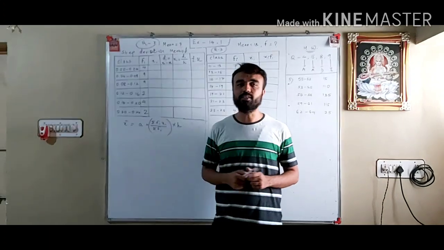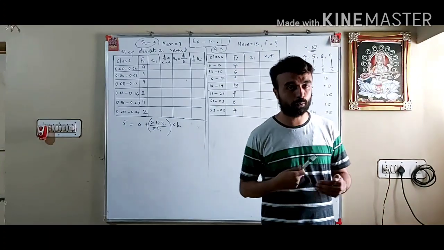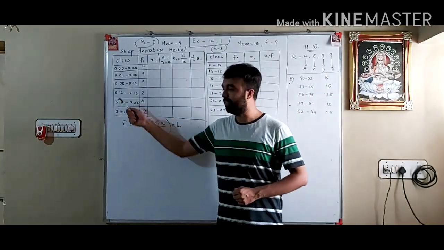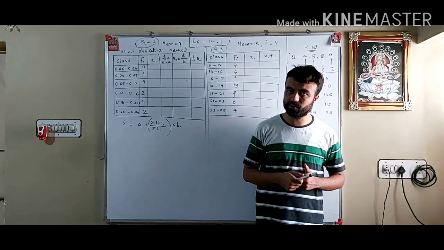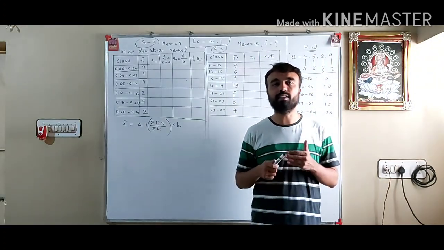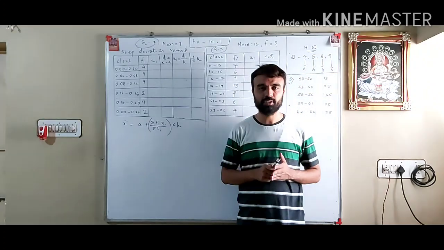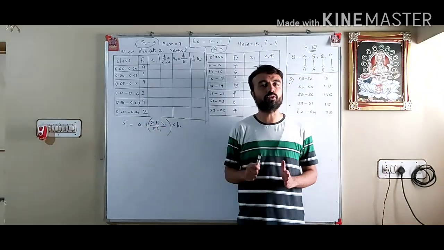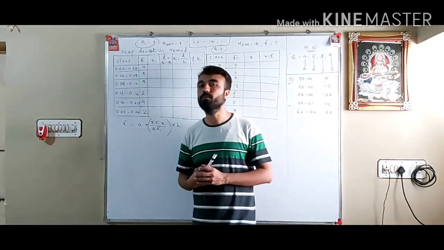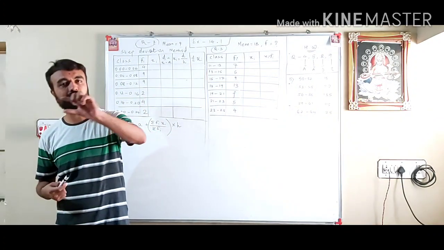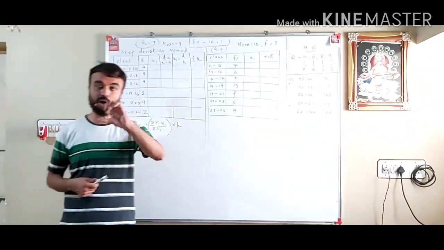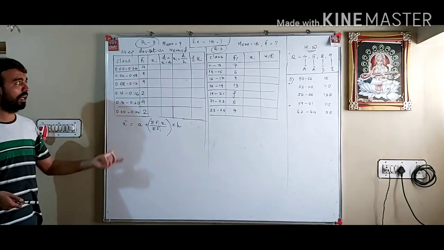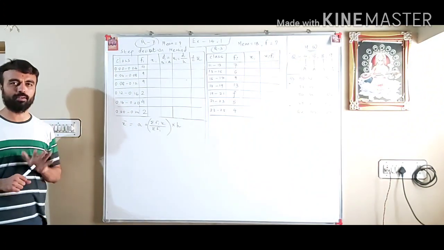Third class is 0.08 to 0.12. Fourth is 0.12 to 0.16. Fifth one is 0.16 to 0.20. And the last one is 0.20 to 0.24. These are the different classes given in the question table in the horizontal form, and as usual, I have written it in the vertical form.